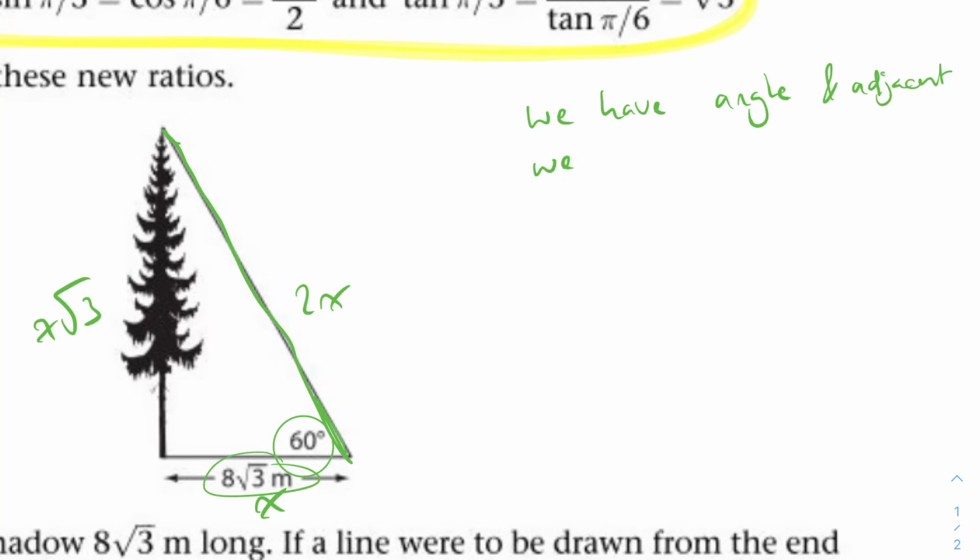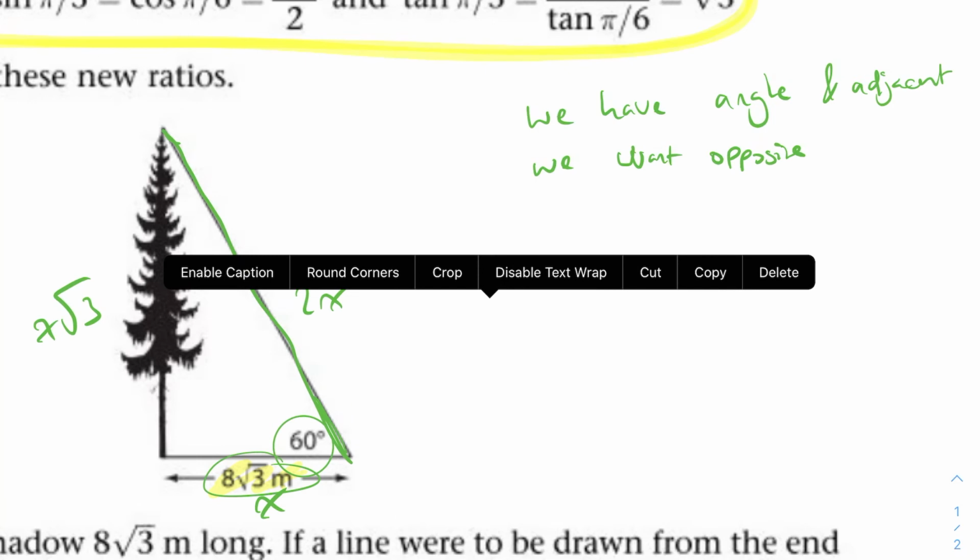So obviously, we don't want the hypotenuse. They're not asking us to work it out, although we could work it out. The hypotenuse would just be 2 times this. So we want the opposite. So this should jump at you now. We have the angle and the adjacent, and we want the opposite. What does that sound like to you? I'll write it again to remind us.